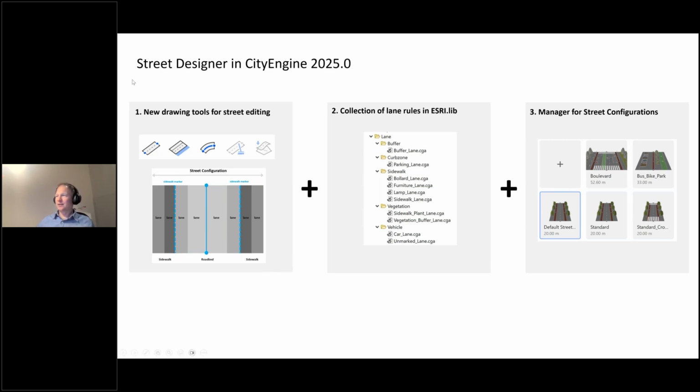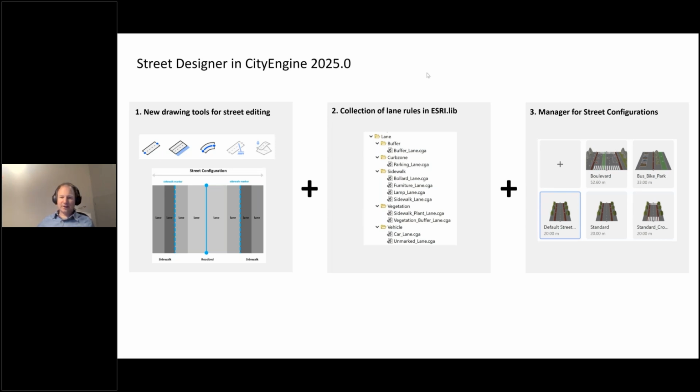That's the first part. Then the second part, we applied rules from Esri, so our lane rule collection that we will ship with Esri. And then the third part that I have also shown is the manager for the street configuration, so that you can save a street configuration and then you can reapply it on other street segments, like I did in the second part of the demonstration.